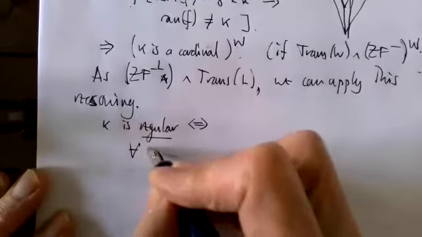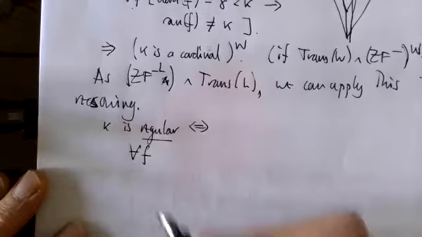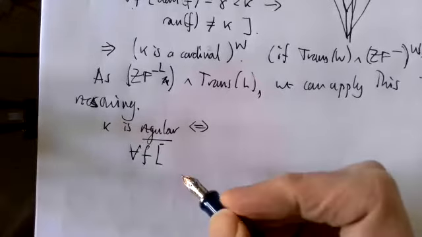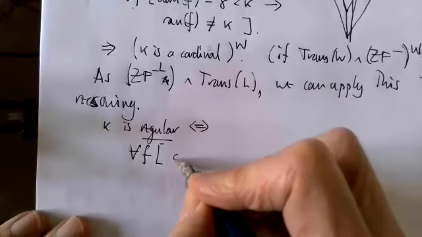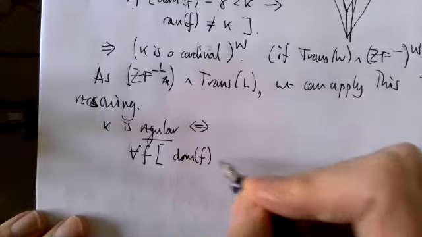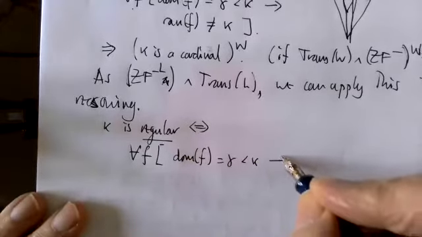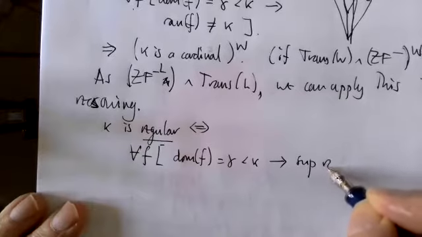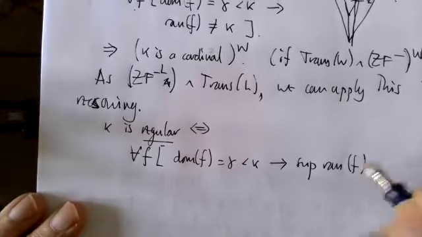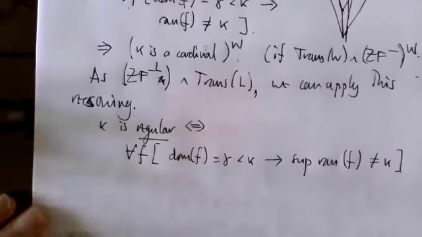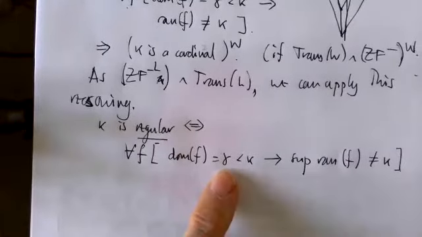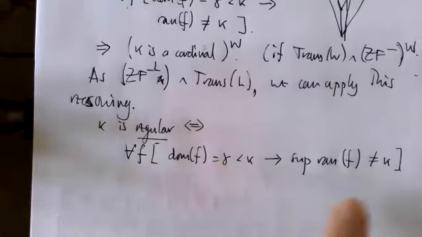Again, it's a pi1 question: for all functions f, if now domain of f is some gamma less than kappa, then the supremum of the range of f is not kappa. So I'm saying I can't have a map from a smaller gamma than kappa cofinally into kappa.